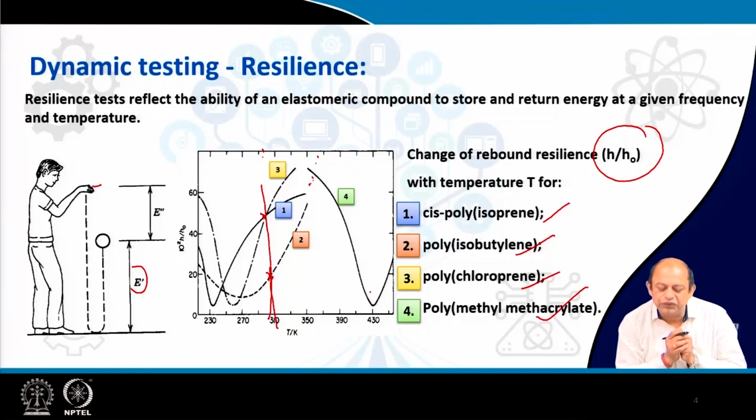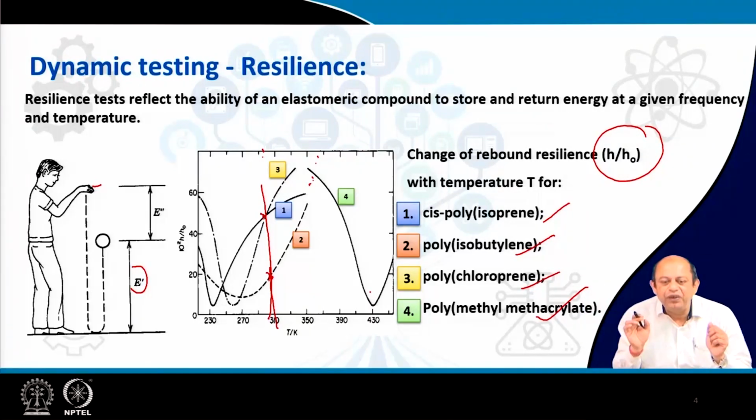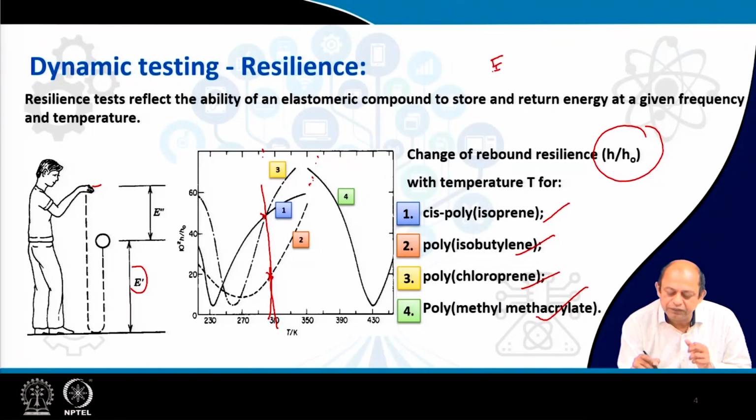But just measuring with the ball dropping experiment will not give you every clue, the exact form of E prime, the exact form of E double prime. Just to give you a quick recap to understand the essence of viscoelasticity, as I mentioned, E as a function of time. Of course, I am talking about LVR, the linear viscoelastic regime.